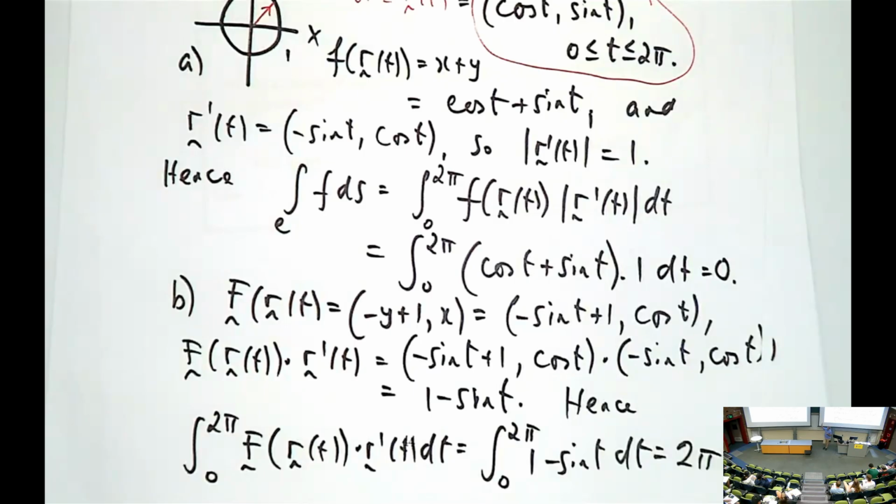Now it's not clear if this has anything to do with area or anything like that, because we're dealing with vector fields here, not just nice curves. But we will understand that a bit better in a moment, or maybe in the next lecture. At the moment, just the machinations, the ways of computing these things.